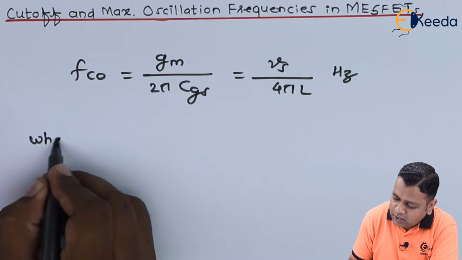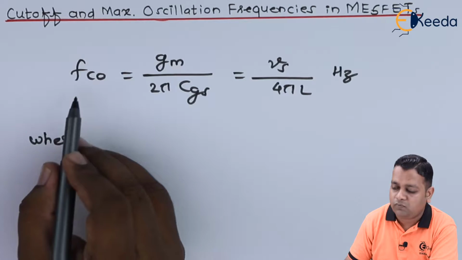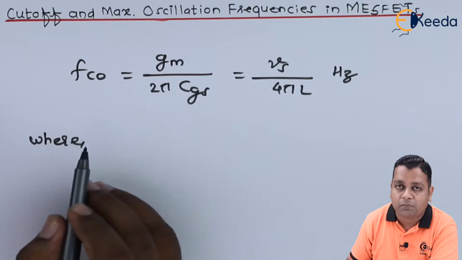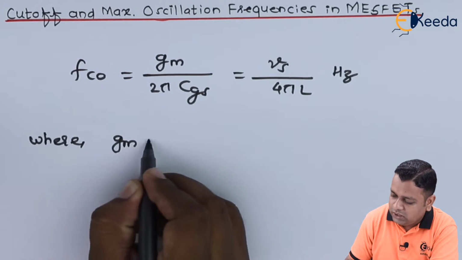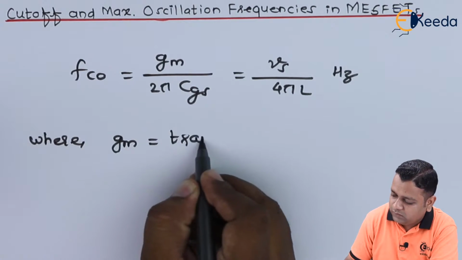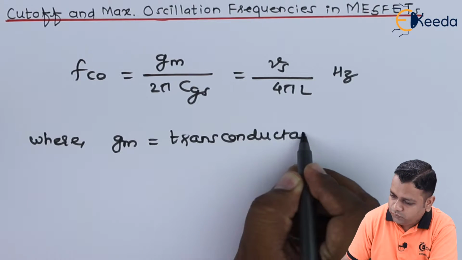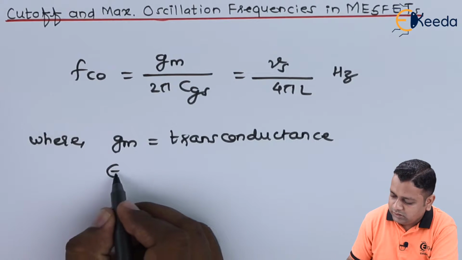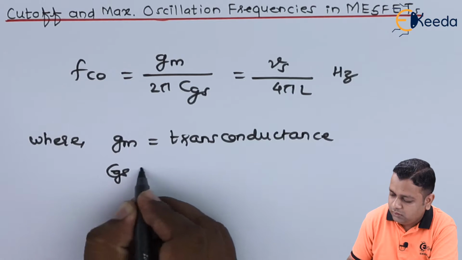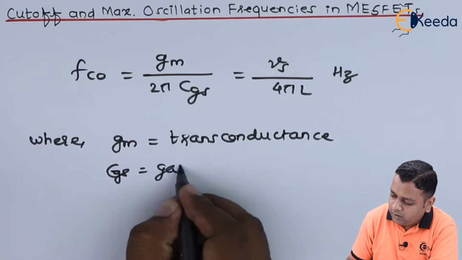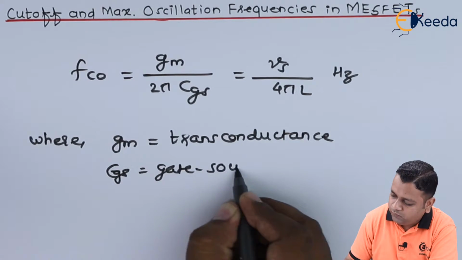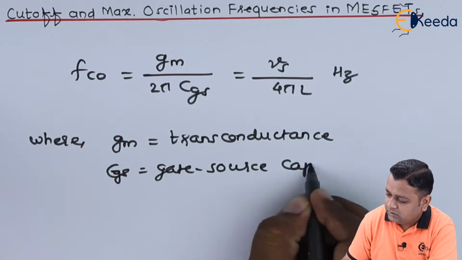Here we express the parameters on which the cutoff frequency depends. g_m is the transconductance. C_GS is the gate to source capacitance.